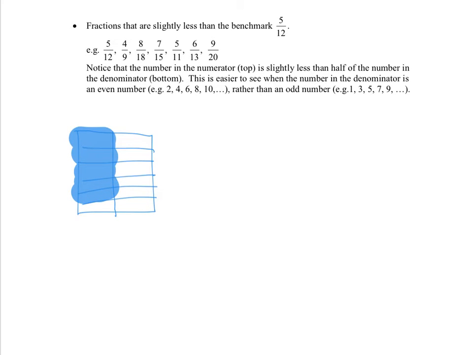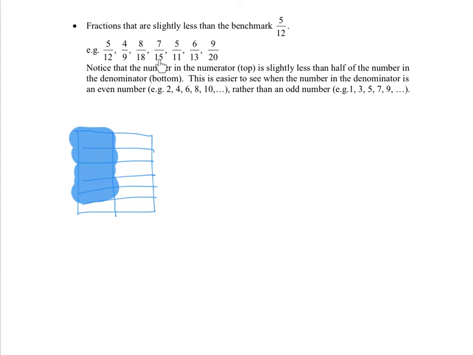So it's just under. You can see in order to be exactly half, it would have to have this last piece filled in. Okay, so it's a lot easier to do for even numbers, because we know for 18, half is 9, so that's slightly less.